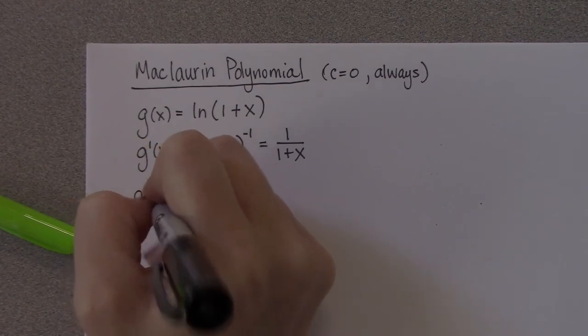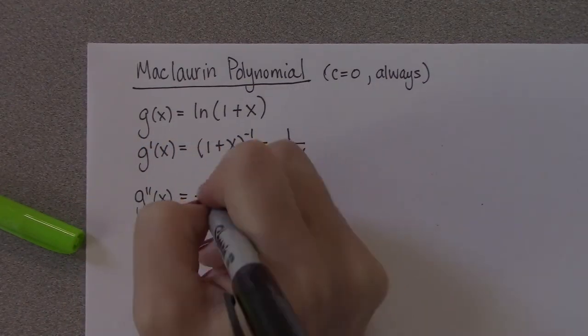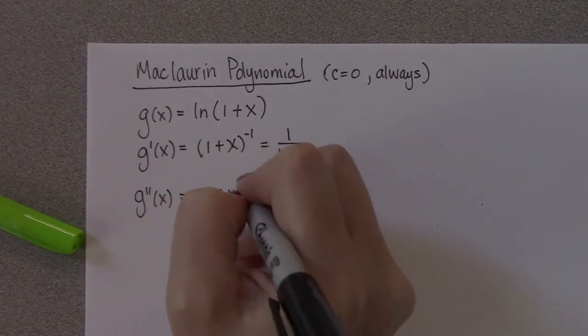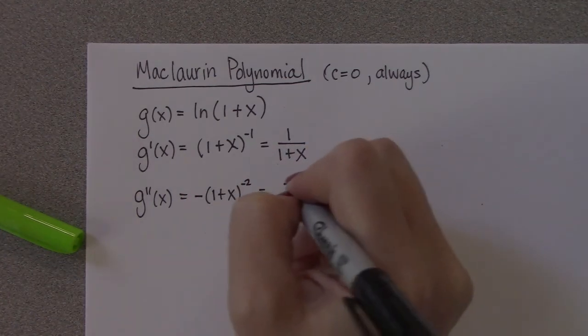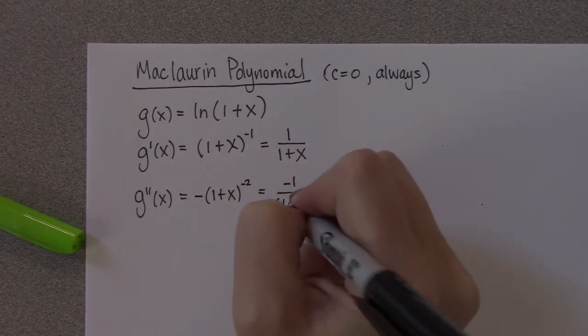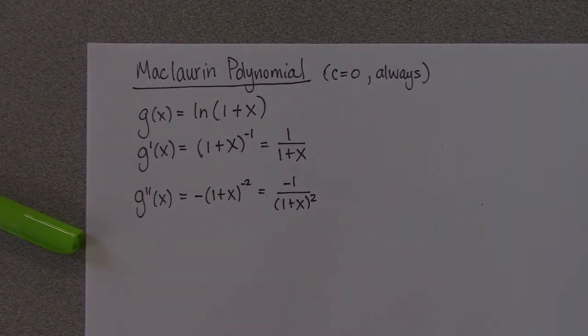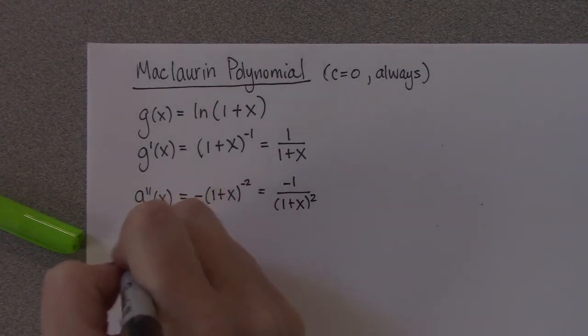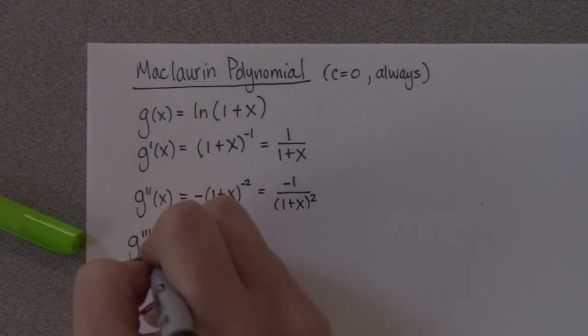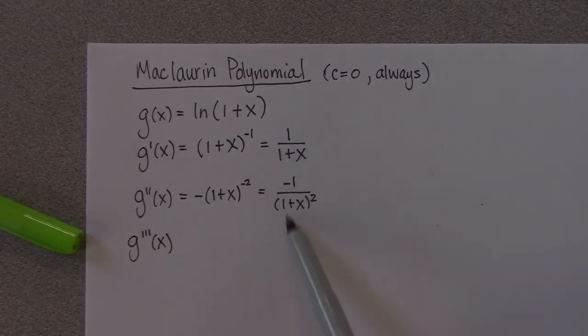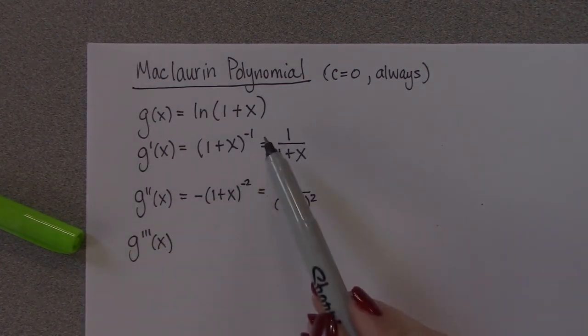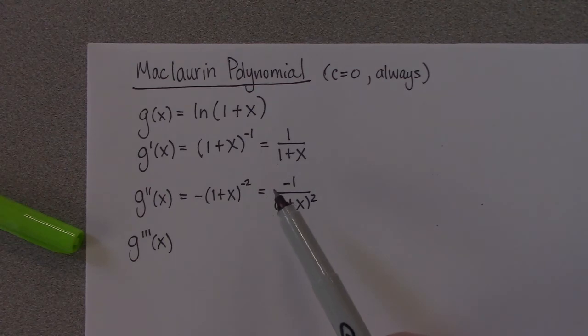So the second derivative will be negative 1 plus x to the negative 2. So we get negative 1 over 1 plus x squared. The third derivative, and the reason, guys, that I'm going back to this form is to make the derivative easier, but also, you can't have negative exponents in your polynomial.